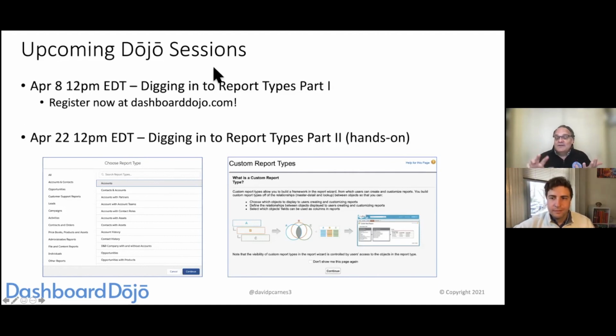While it's incredible that we can create custom report types, they don't all have the same bells and whistles. There are some real gems in the standard report types, and then there's some real power in our ability to create custom report types. So we'll do one session that'll be a little bit more of just an overview on April 8th. And then on April 22nd, I'll have you out building report types.